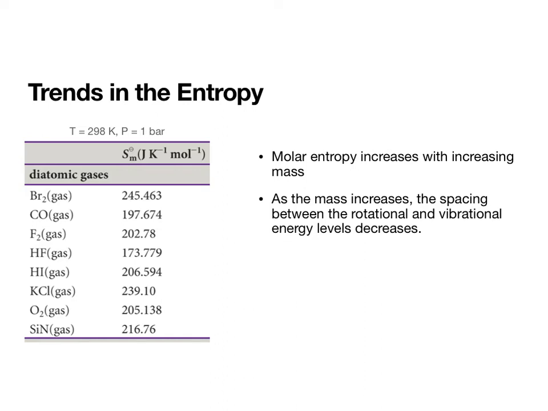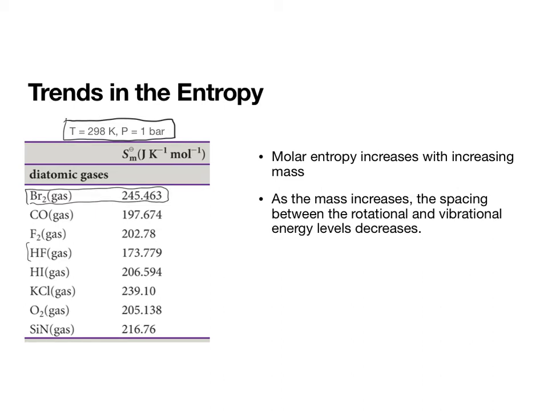So in your book, it gives us some excerpts of the molar entropy tables. In this table, we are looking at 298 Kelvin and 1 bar. If we look through a series of diatomic gases, we can see that the gases with the highest molar entropy are the ones that are the heaviest.